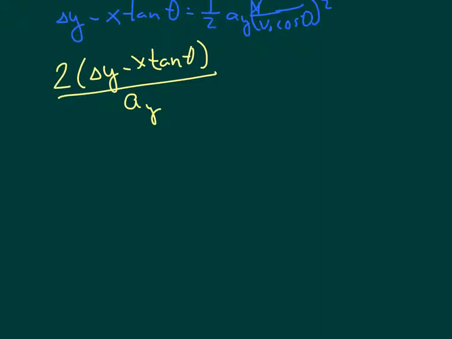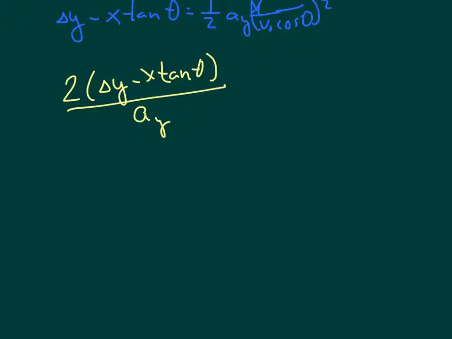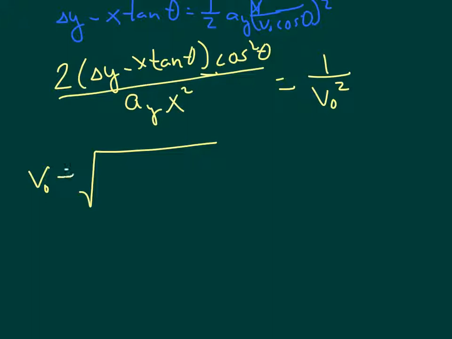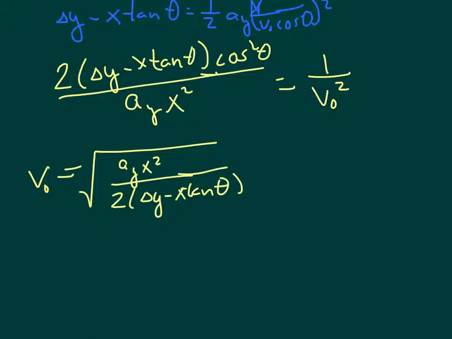Okay, now we're going to continue to work this, so we'll get x squared on the bottom, cosine squared theta on top equals 1 over v naught squared. So we're going to invert and take the square root, so we get v naught is equal to, that was a lot of work we're doing, a y x squared over 2 times delta y minus x tangent theta times cosine squared theta.